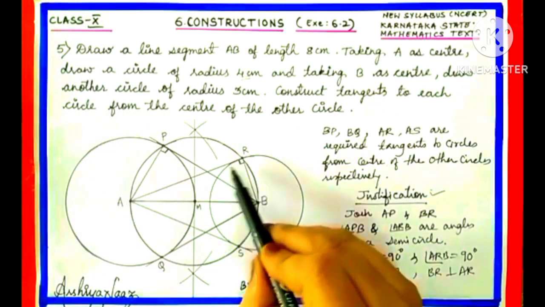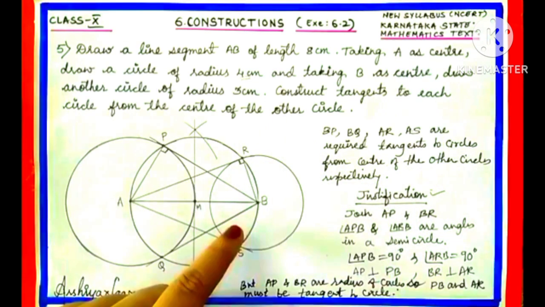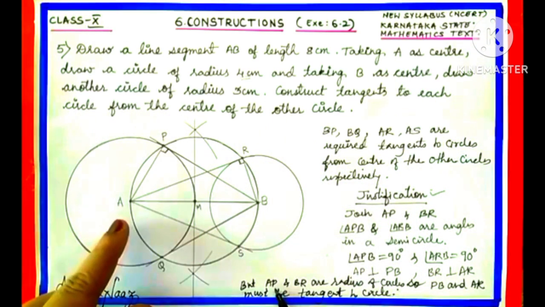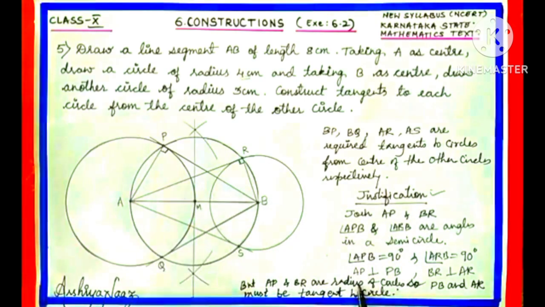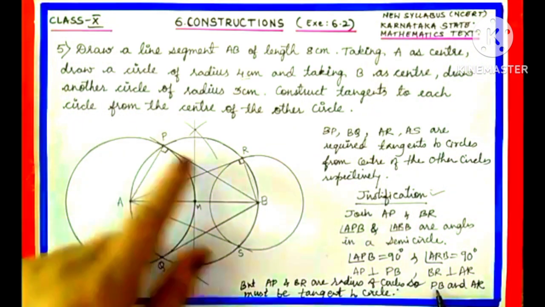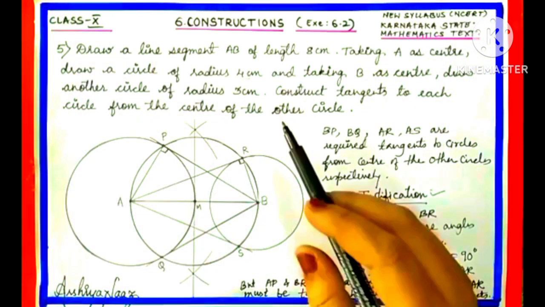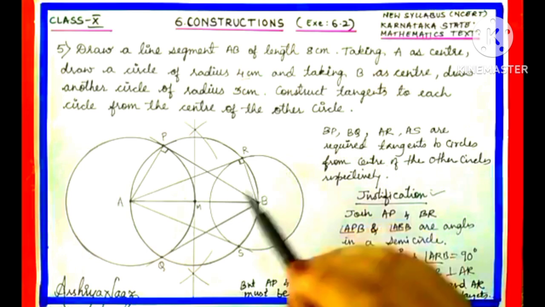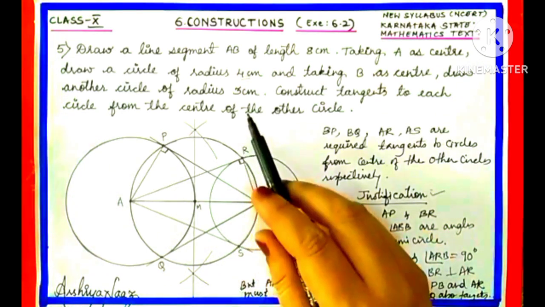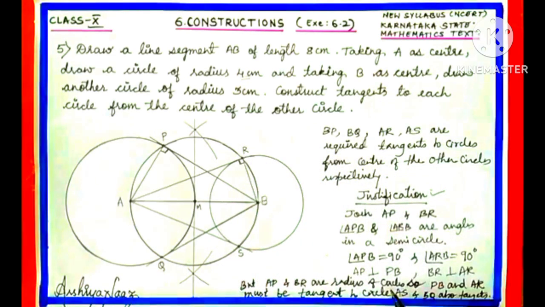This also must be a tangent to a circle. So what we can say, if AP and BR are radii of the circles, then PB and AR must be tangents to the circles. Similarly, AS and BQ are also tangents to these circles. So dear students, this is the required construction for the fifth problem and this is our justification.